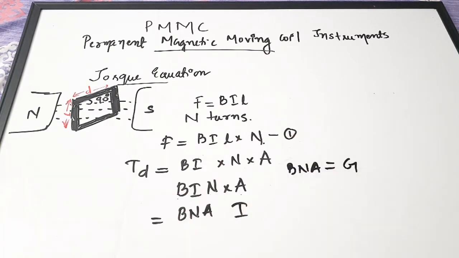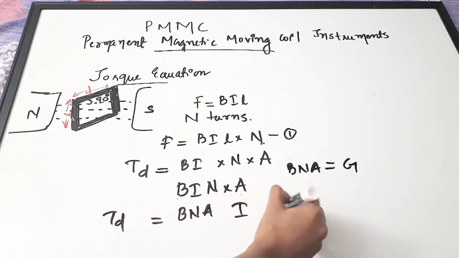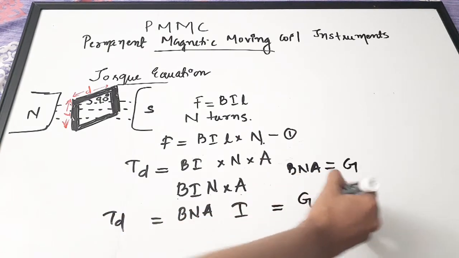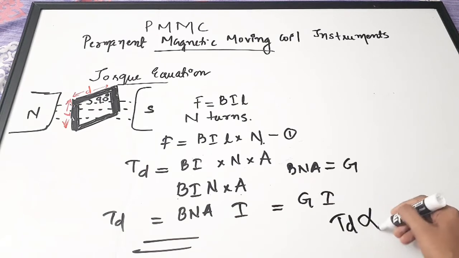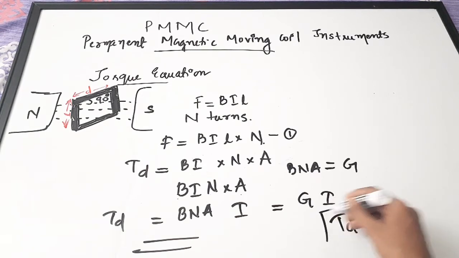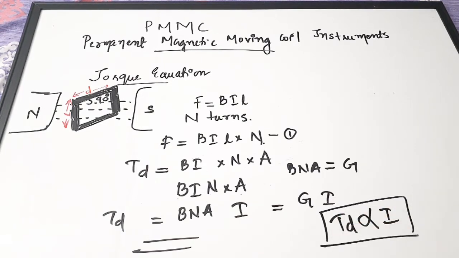I'll call it G. So you can write TD equals G into I. Okay. So from this relation, you get that the deflecting torque is directly proportional to I, because G is a constant. Now, there are two torques actually.